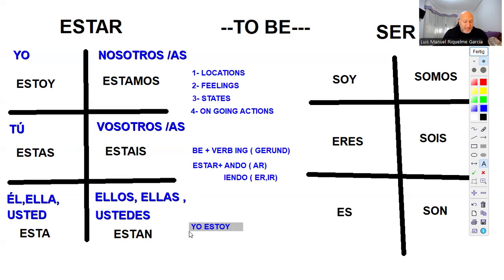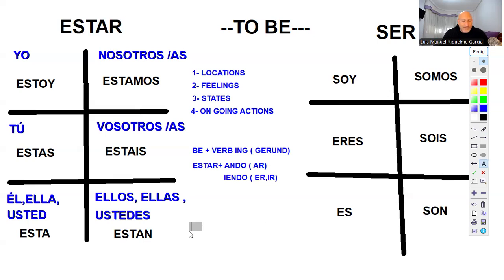The verb to speak is the verb hablar. But I don't want the verb to speak. I want to say speaking. So I take off the -ar and I add the -ing in Spanish, that in this case is -ando. Yo estoy hablando. I am speaking.